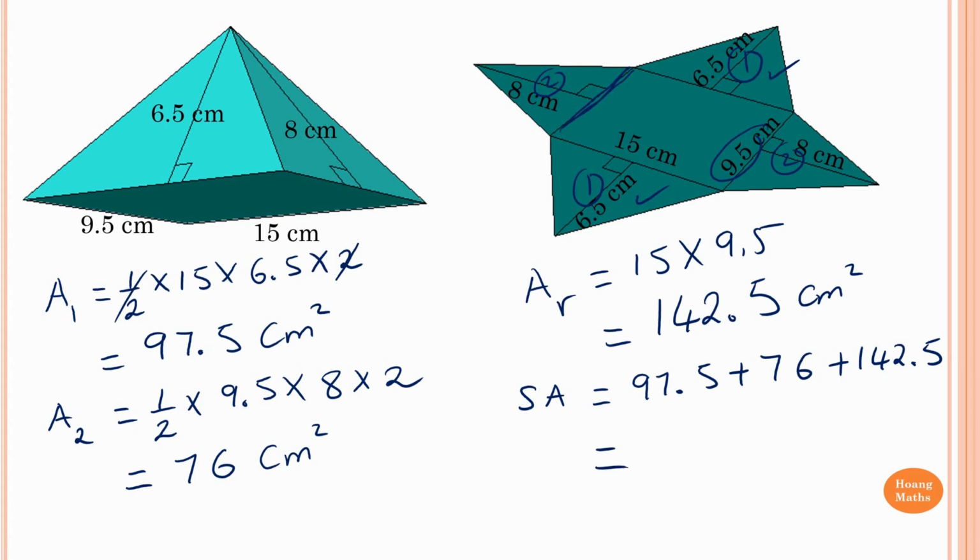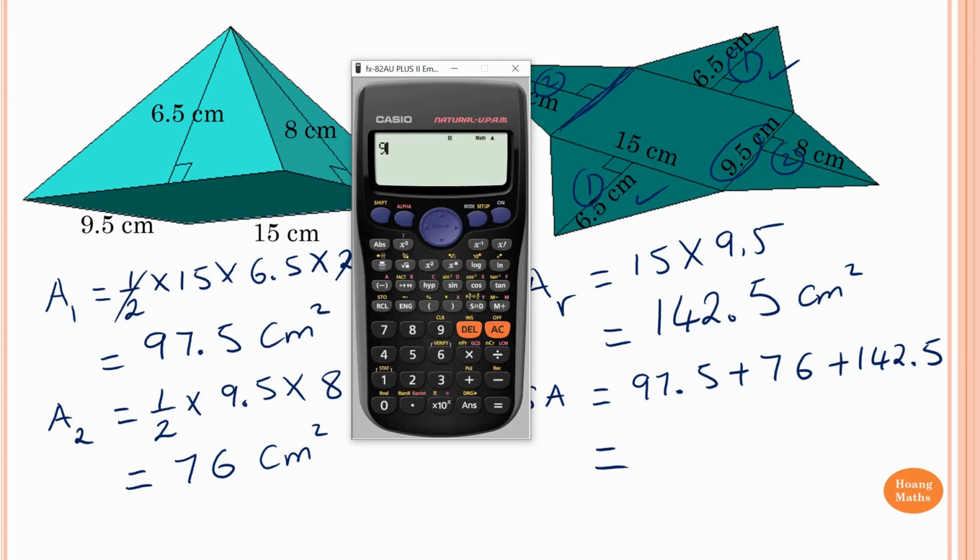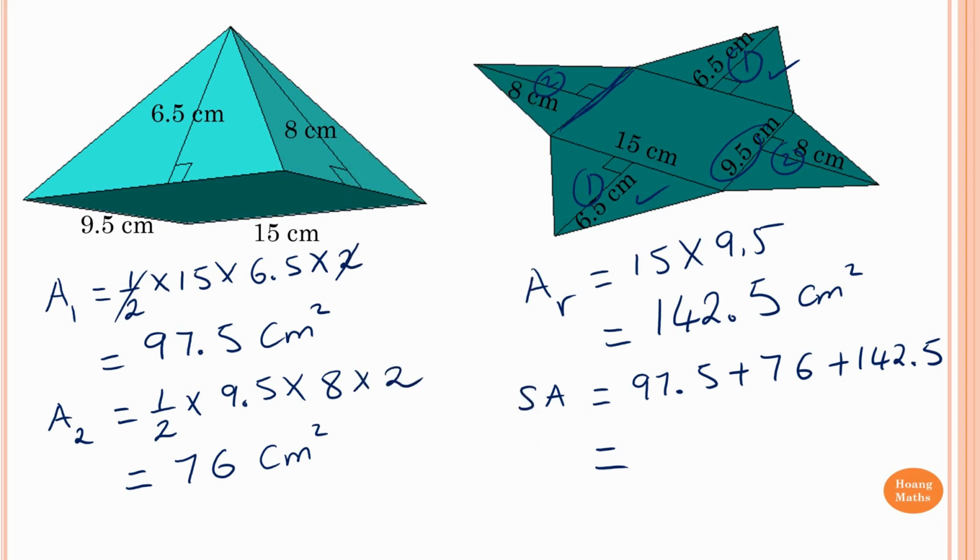So I just go 97.5 plus 76 and plus the last answer, which is 142.5. So I just go add answer. That gives 316. 316, but don't forget the unit, square centimeters.